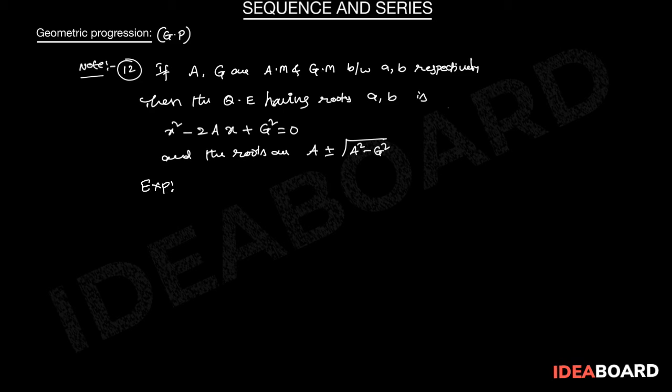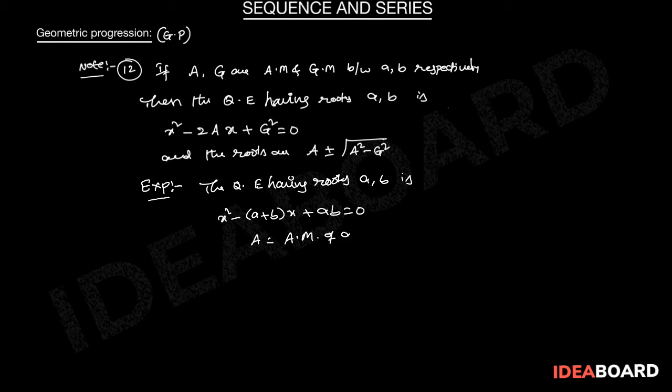Explanation. The quadratic equation having roots a, b is x square minus (a plus b) into x plus ab equal to 0. Now given capital A is equal to arithmetic mean of a, b that equals (a plus b) by 2, capital G equal to geometric mean of a and b that equals root of ab.